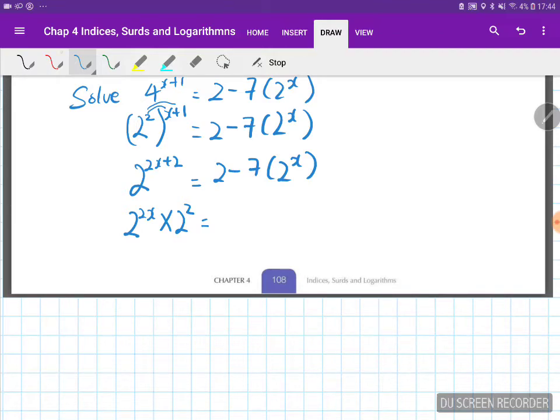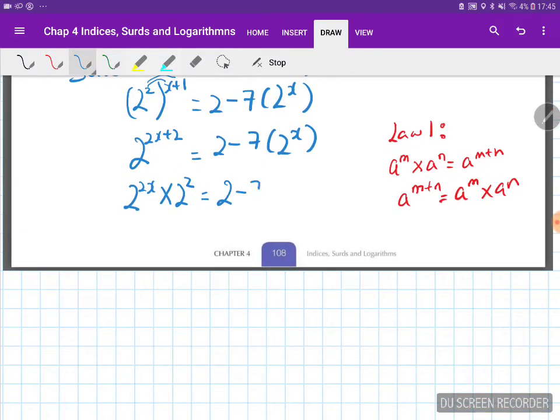Because if you look at the first law of indices, law 1, which is the product law, a to the power of m times a to the power of n, it's m plus n. So this one you are very familiar with. If I give you a to the power of m plus n, it's the same as a to the m times a to the n, isn't it? So we are splitting up the indices into 2 indices using the product law. So this is what is going on there.